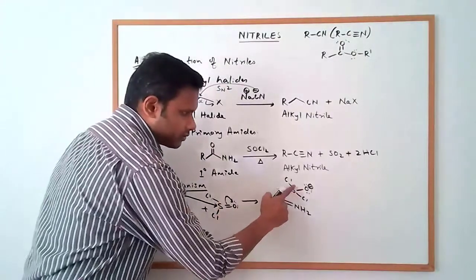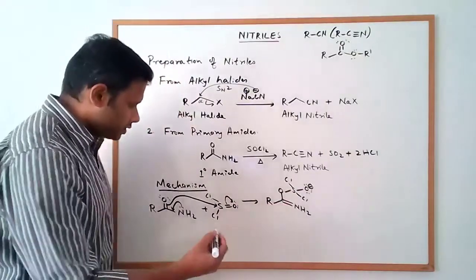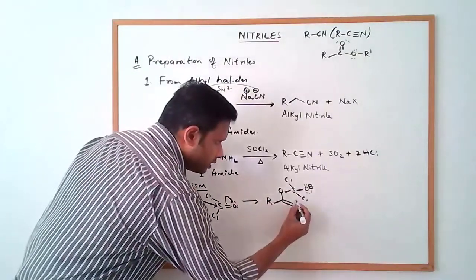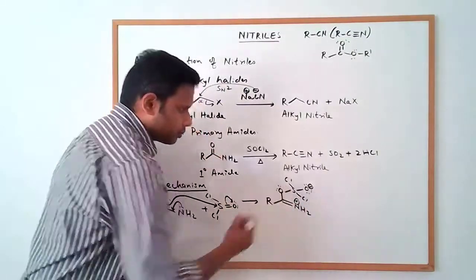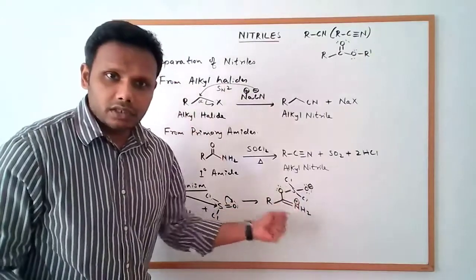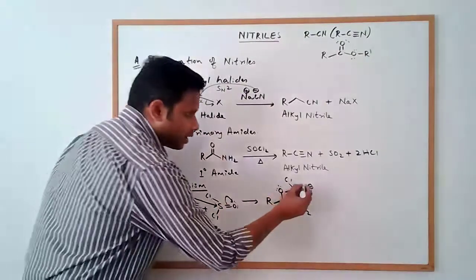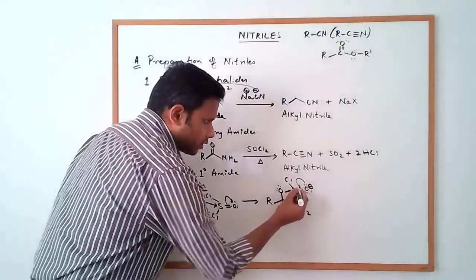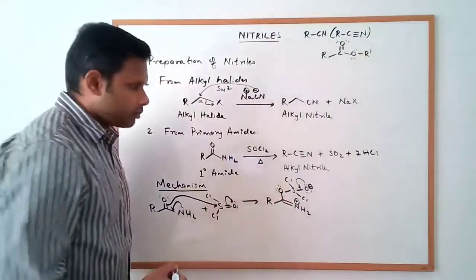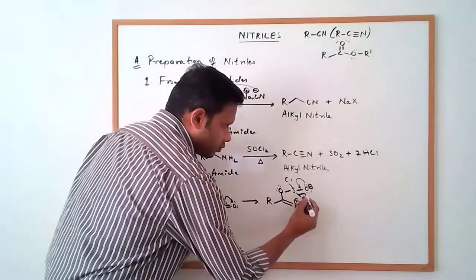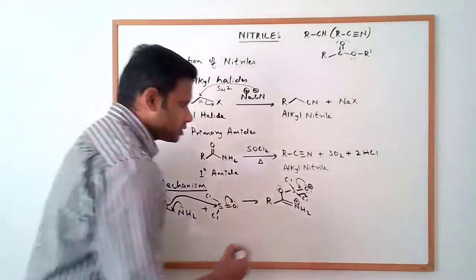From here, as far as the sulfur is concerned, this intermediate is almost like a tetrahedral intermediate, and there should be a formal positive charge on that nitrogen atom, and two lone pairs on the oxygen. So the oxygen brings its lone pair back to reform the double bond, and simultaneously one of these chlorines is kicked out as a leaving group.